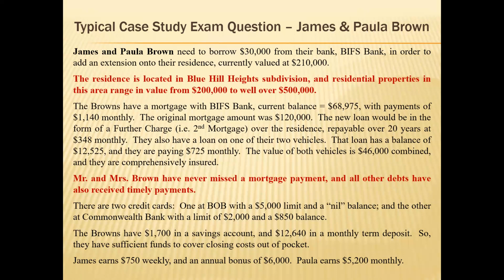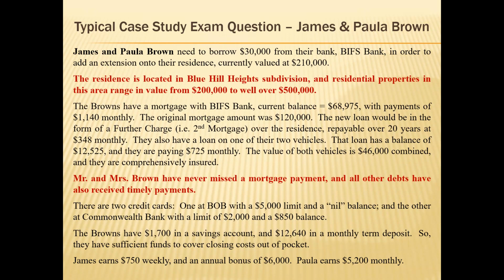The Browns have a mortgage with Biff's Bank, current value of $68,975, with payments of $1,140 monthly. The original mortgage amount was $120,000. And then it goes on talking about their loan balance and the value of the vehicles. The other information that's been added is that Mr. and Mrs. Brown have never missed a mortgage payment, and all other debts have also received timely payments.